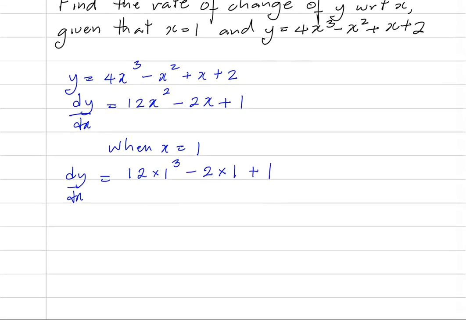Now, 1 raised to any power is still 1. So this is 12 minus 2 plus 1. So when x is equal to 1, the rate of change of y with respect to x is equal to 12 minus 2, which is 10, plus 1, which is 11. Very lengthy.